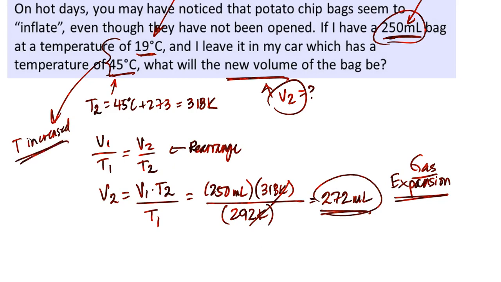Based on our discussion earlier in the tutorial, this should make sense, because if I'm increasing my temperature, my gas particles should move more quickly. The more quickly my gas particles move, the more collisions there will be, and the more collisions there are against the inner walls of the bag, the more that should cause the bag to expand. And so I should have some confidence that this answer is in the ballpark of the correct answer.